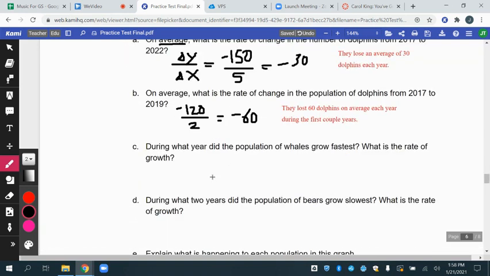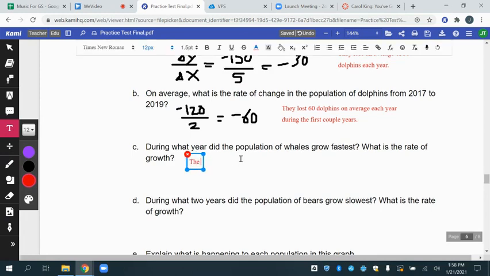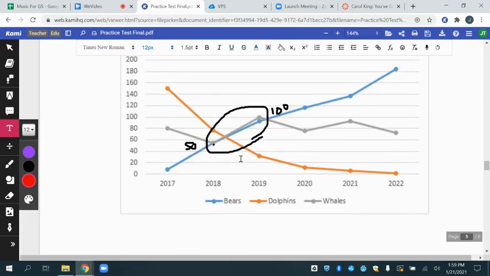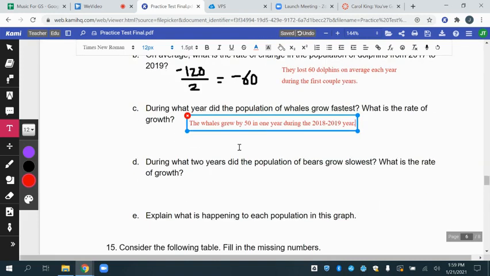So we can just say the whales grew by 50 in 1 year during the 2018-2019 year, which would be 2018. You could also just write 2018. Talking about time is actually weird for us. It's a very Western thing.